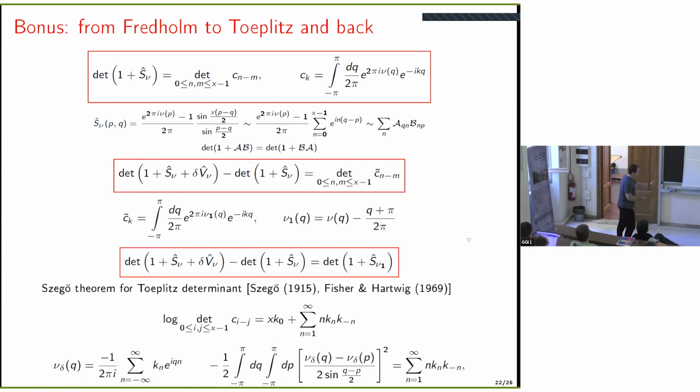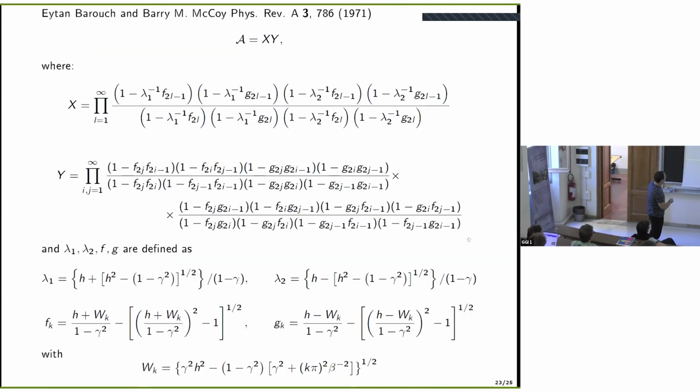Of course, the normal way to evaluate asymptotics of a Toeplitz determinant is by the Szegő formula and Hartwig-Fisher. And here we identify what we had before and what I presented to you. Of course, this model was beaten to death in the 70s, and we can compare what we obtained with the answer.